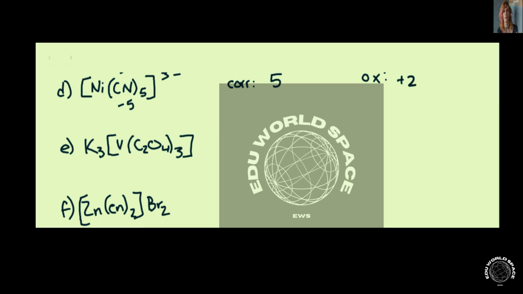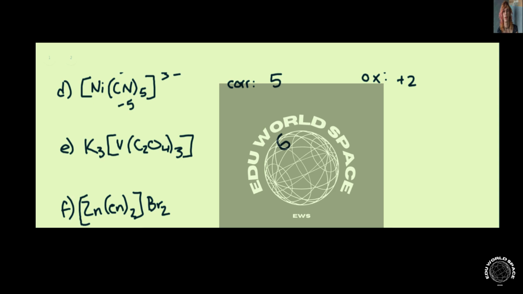Part E, this potassium, or K3V(C2O4)3, our coordination number is going to be 6 because we have 3 of this bidentate ligand, and so there are going to be 6 things attached to this metal. That's 6.